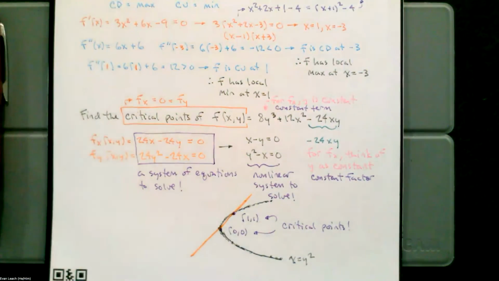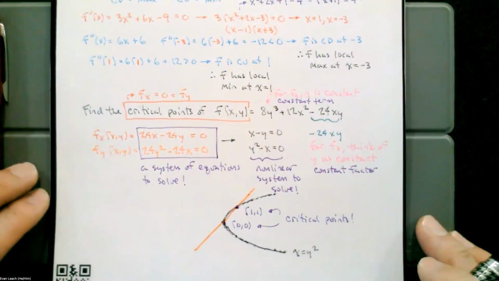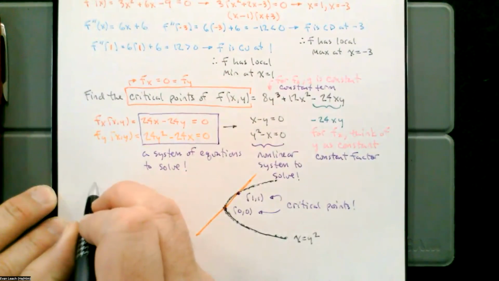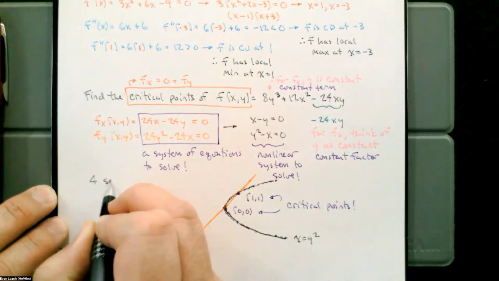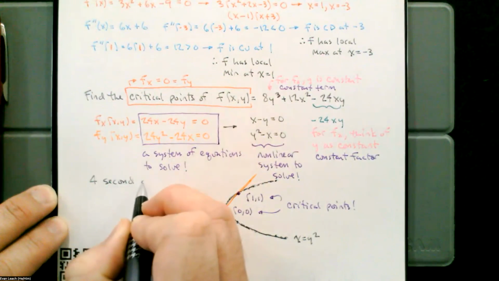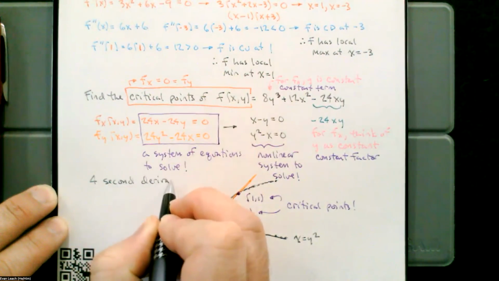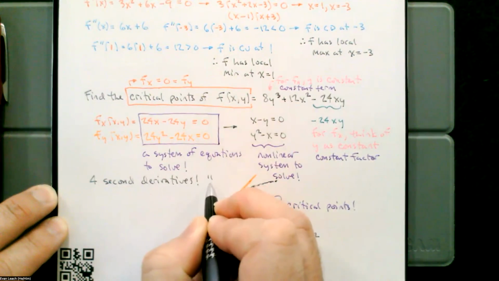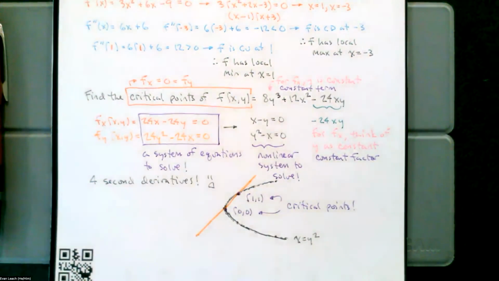So the problem now is we have 4 second derivatives. Four second partial derivatives.